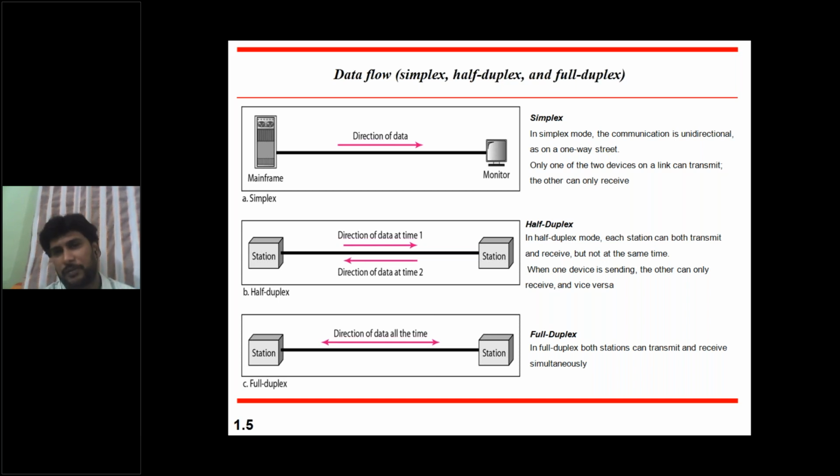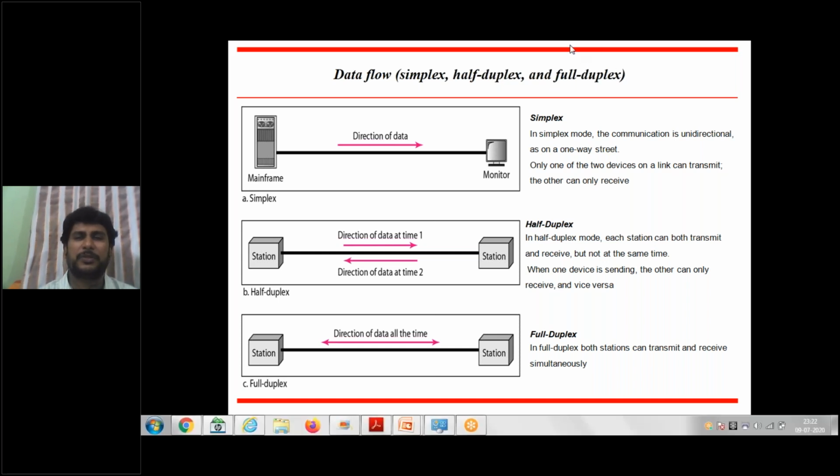The first one is called simplex, where you just try to communicate information in one direction.